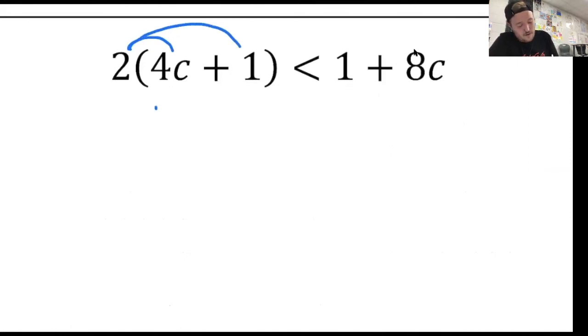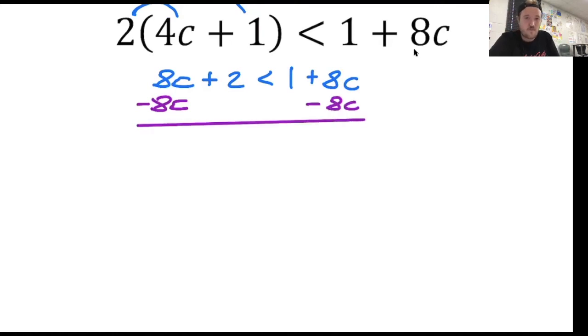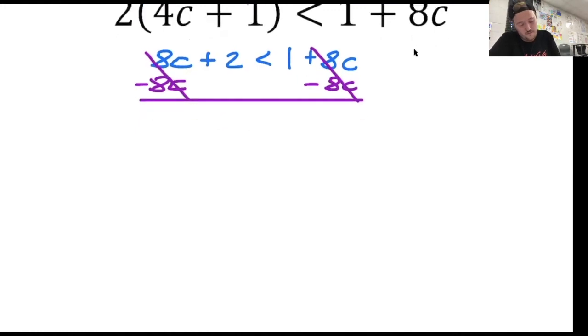So I'm gonna have 8C plus 2 less than 1 plus 8C. So what I'm going to do next is I want to get rid of the variables. So I'm going to subtract 8C. So these are going to zero out. So that leaves you with 2 less than 1.